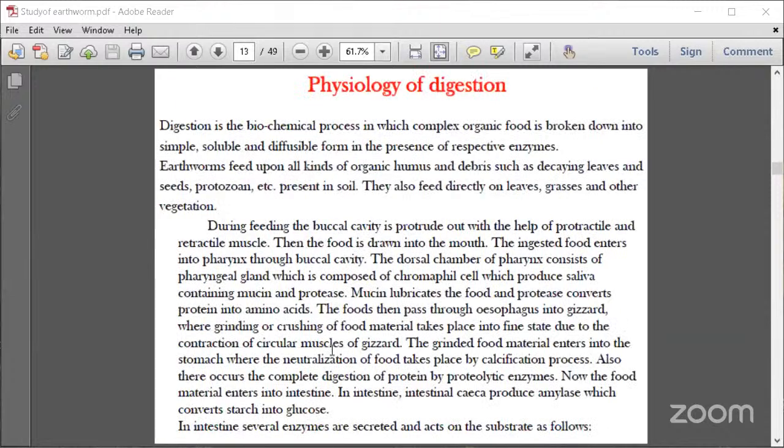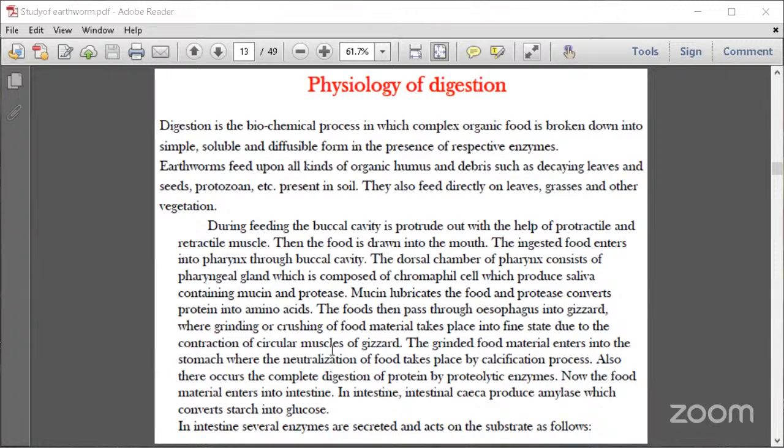Coming to the physiology of digestion, digestion is a biochemical process in which complex organic food is broken down into simple, soluble and diffusible form in the presence of respective enzymes.